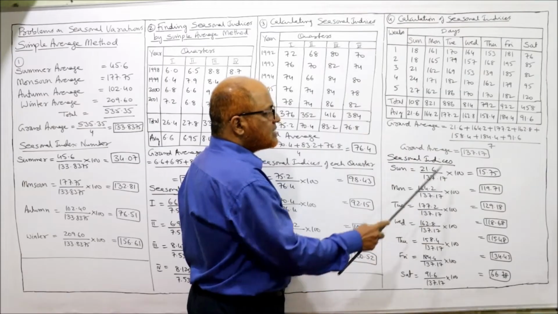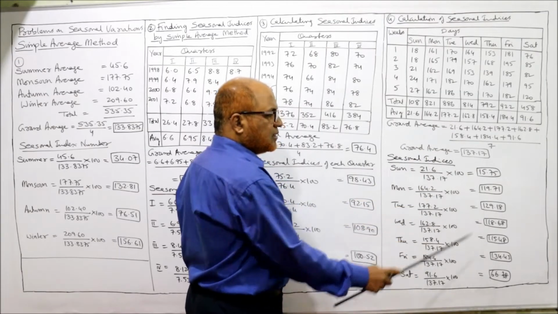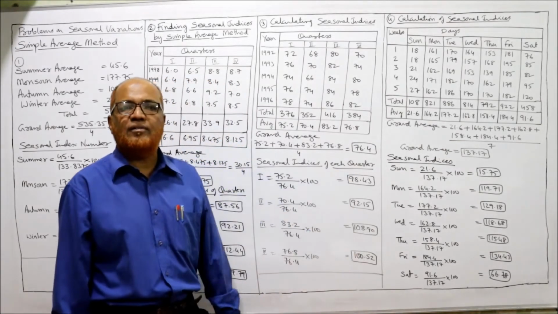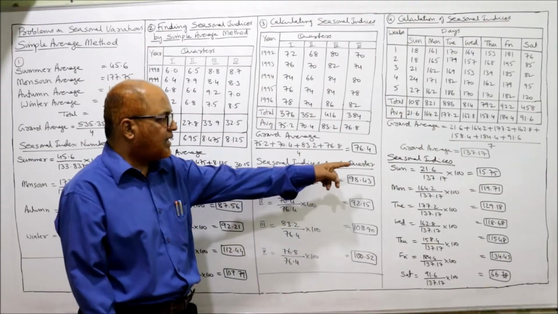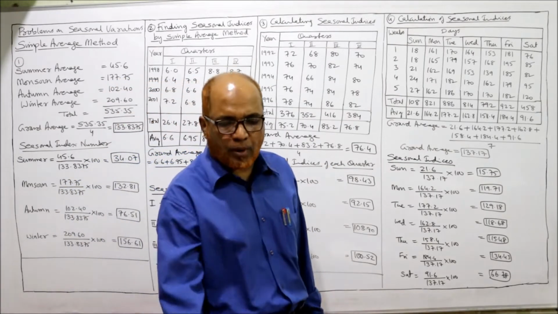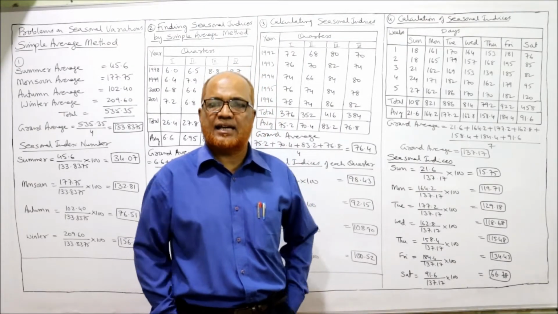The next one is 177.2 divided by 137.17 into 100. So in this way, we'll get the seasonal index for each day of the week, from Sunday to Saturday, like this. So we have completed 4 problems on seasonal index.